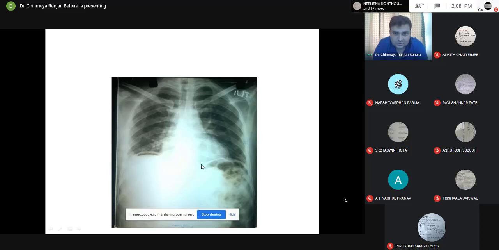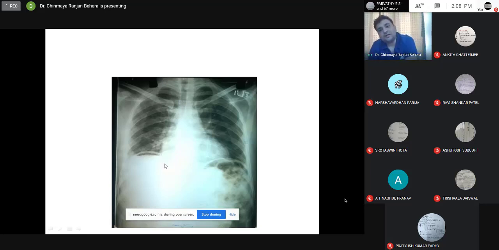Similarly, this is the right dome of the diaphragm. This is the left dome of the diaphragm. Below the diaphragm, what you see is a black area. Whenever you see a black area, that is air.